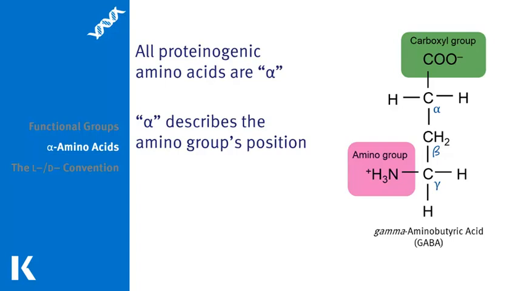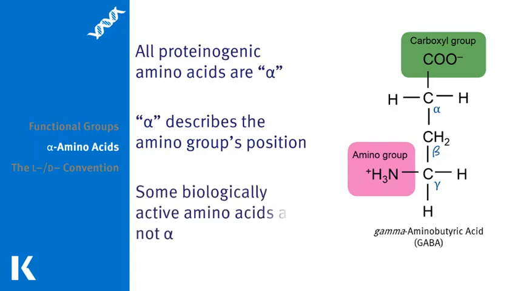This illustrates a very important point about amino acids in your body, and that is to say, some biologically active amino acids are not alpha amino acids. You may recognize GABA from its role as a neurotransmitter. It's only the 20 proteinogenic amino acids that are necessarily alpha amino acids, and this gives us a great criterion for recognizing which amino acids are proteinogenic and which ones are not.